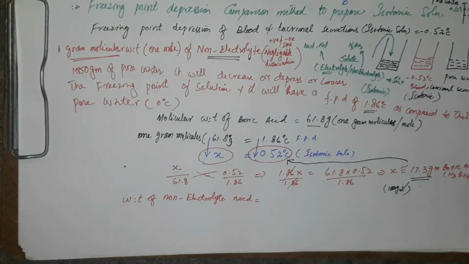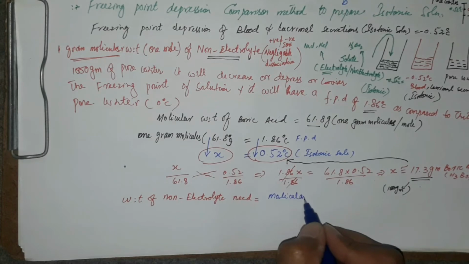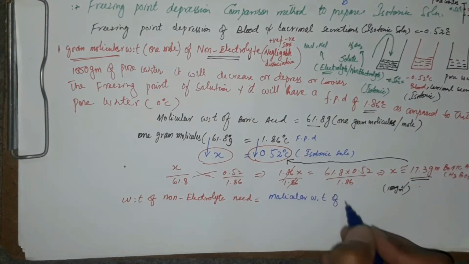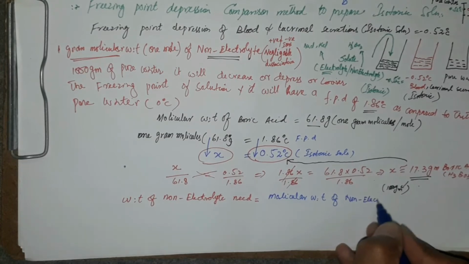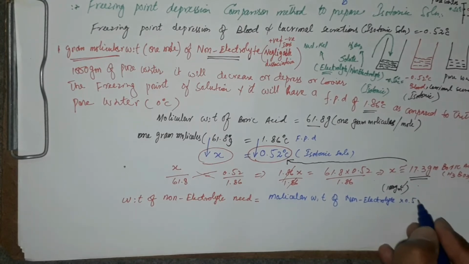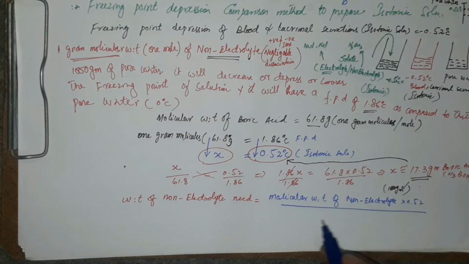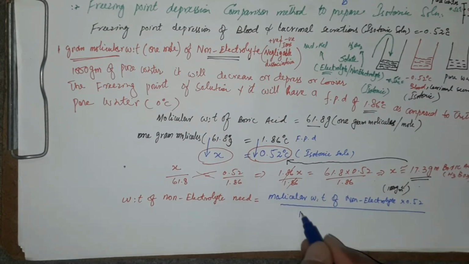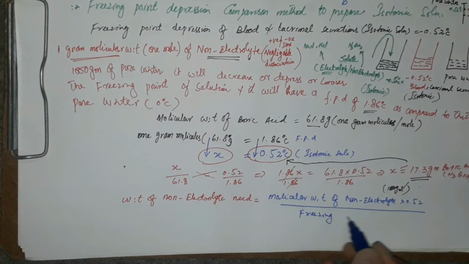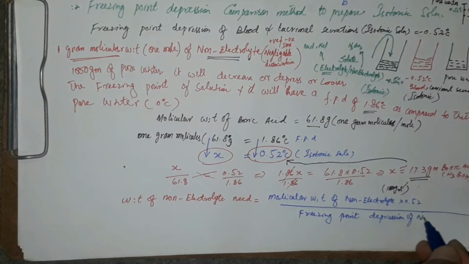It is the molecular weight of a non-electrolyte, multiplied by 0.52, which is the freezing point depression of blood or lacrimal secretion, which are actually isotonic solutions, and it will be divided by 1.86, which is the freezing point depression of a non-electrolyte.